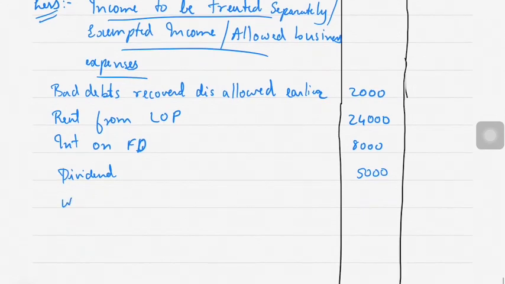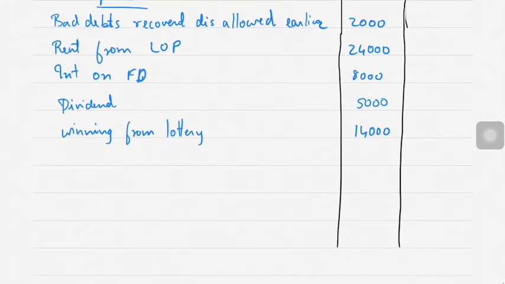Next, winning from lottery, income from other source. So winning from lottery, this is net amount, okay? So 14,000 is included in your P&L account. So 14,000 only you will subtract.